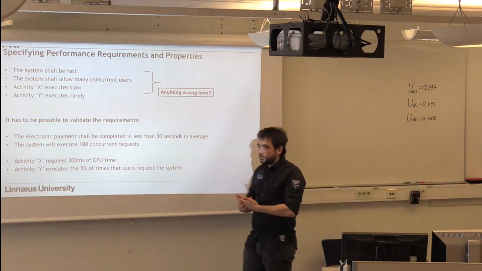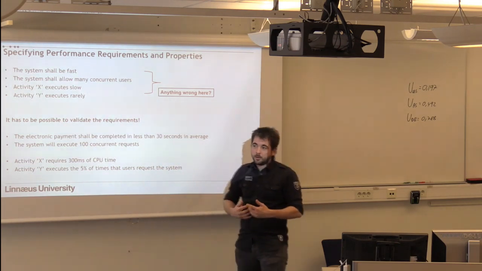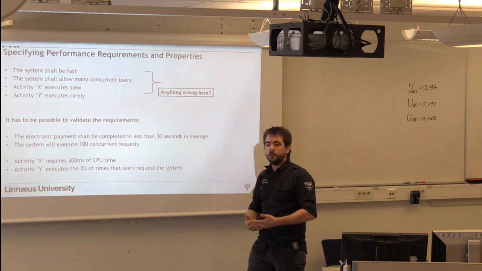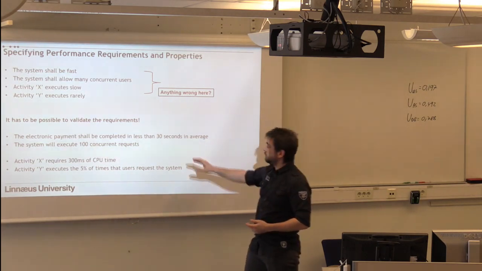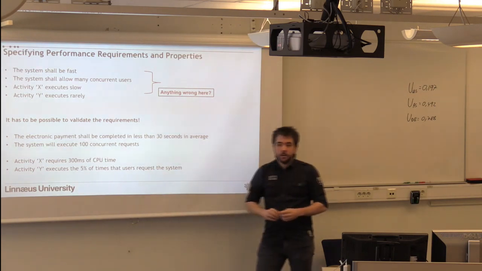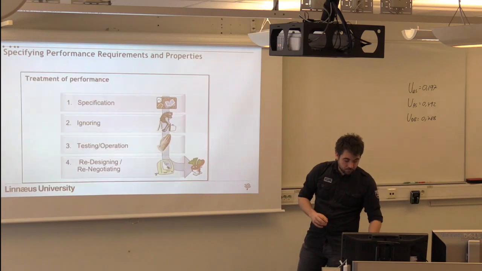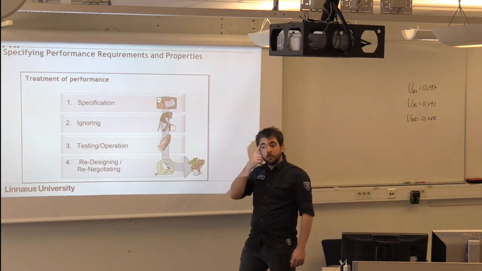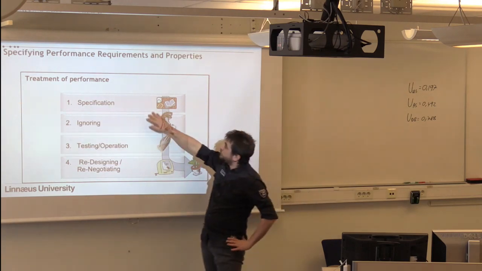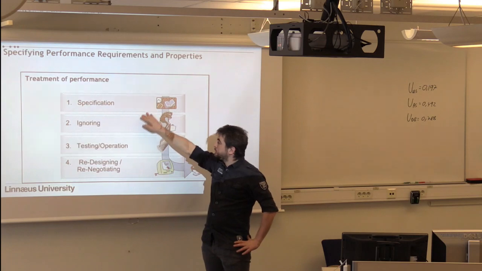So after having this information, and you have seen also the requirements engineering part, you can elicit the requirements, you can specify these things. But there is not anything that you can do so far during the design with this information. So you have specified the performance requirements.